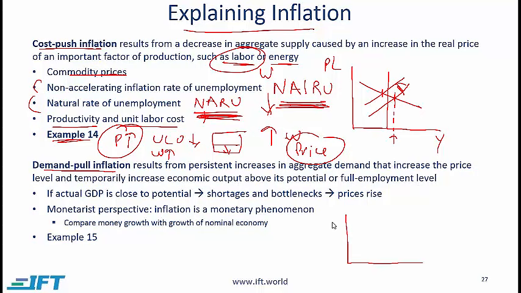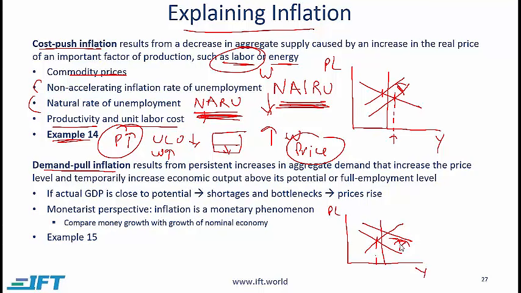And using the aggregate demand, aggregate supply model, here is what we do. So this is our potential GDP. If at a given point in time we are over here, so this is our real GDP, which in my example is below potential, and then for some reason aggregate demand gets a boost. Let's say that there is monetary policy which pushes more money into the system, or interest rates are reduced, so aggregate demand will shift to the right.